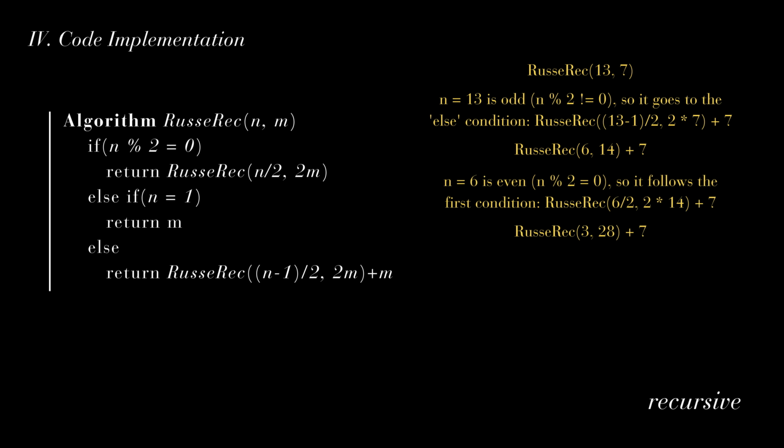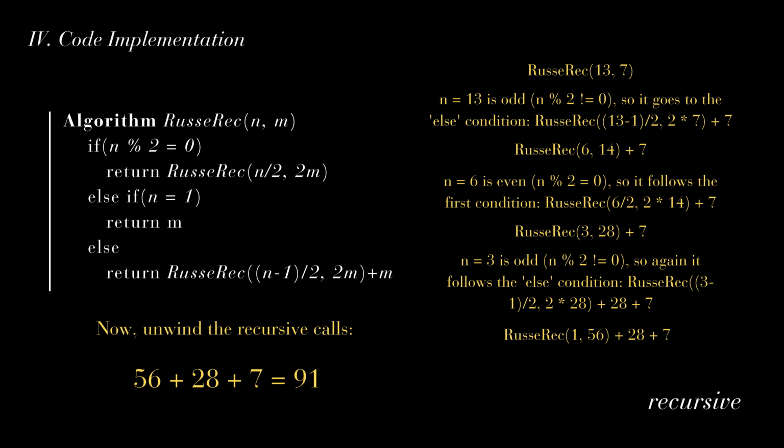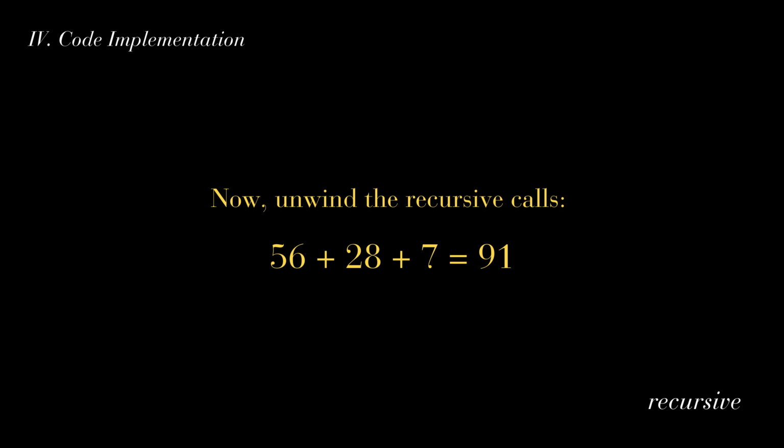So it dives into the else condition and calculates calling the function, carrying (13 minus 1) over 2, and 2 multiplied by 7, plus 7. This process continues until it reaches the base case, and voila. After the recursive journey, the function called carrying 13 and 7 yields the result, which is 91.